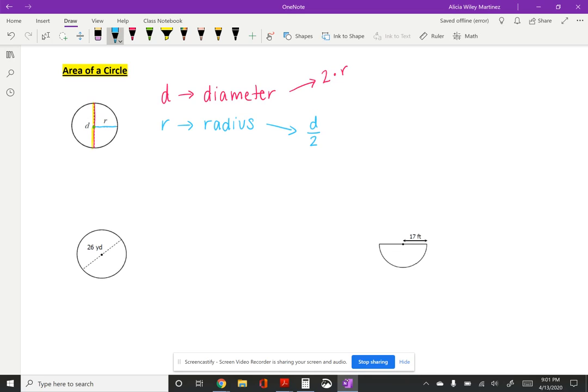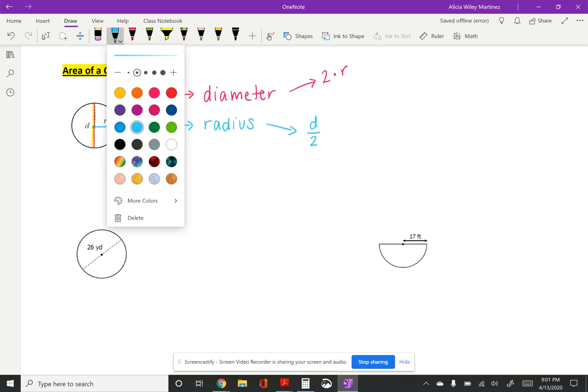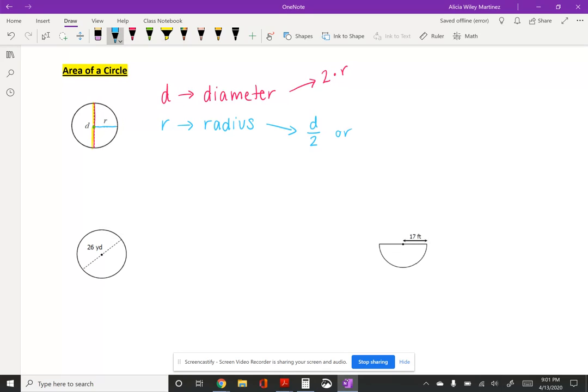The diameter is twice the length of the radius, and the radius is half the length of the diameter, or the diameter divided by 2. So you can also think of this as 1/2 of the diameter. It's the same thing.